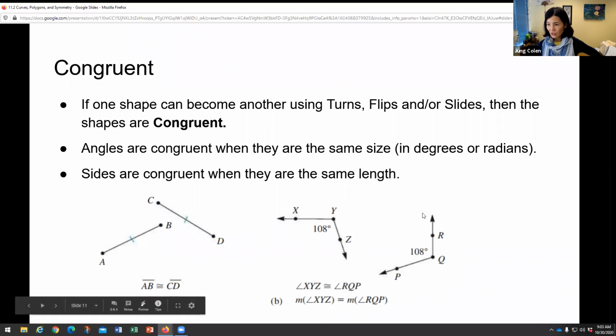These two angles are congruent because the measurements of the angles are equal. Okay, so when you're writing the notation, pay much more attention to that. So again, the angles are congruent because their measurements are equal. Okay.